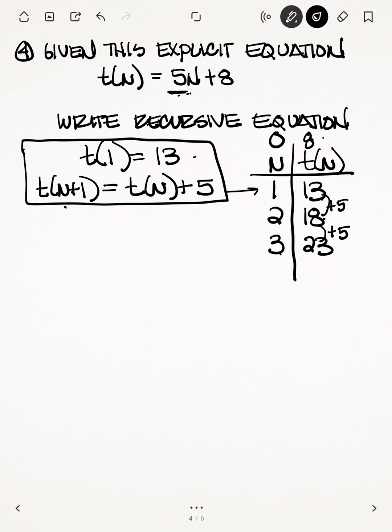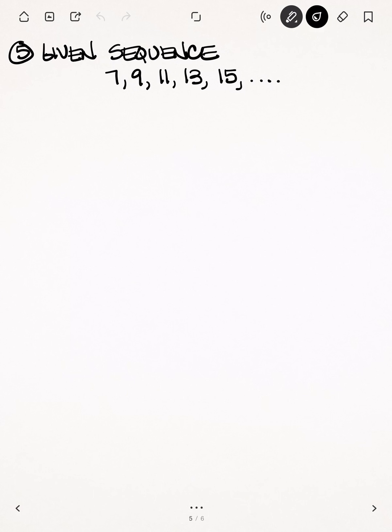Okay? All right, we have one more problem. Given this sequence, the first thing I want to do is find an explicit equation.